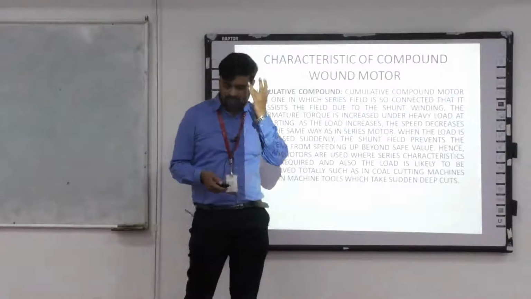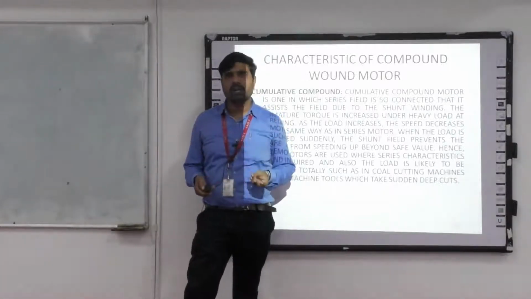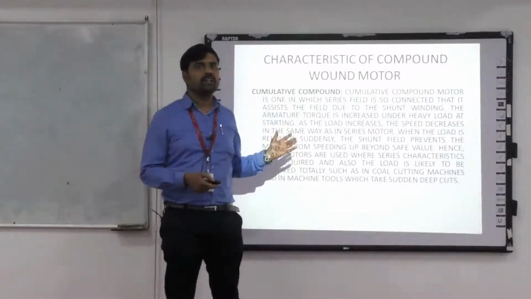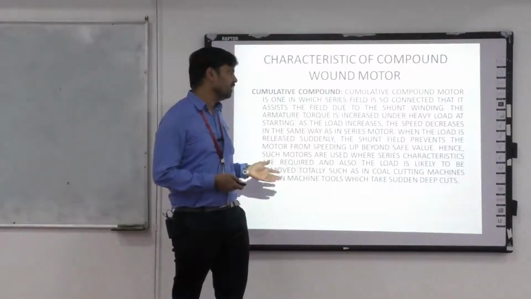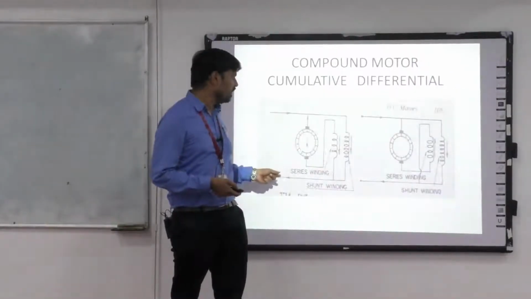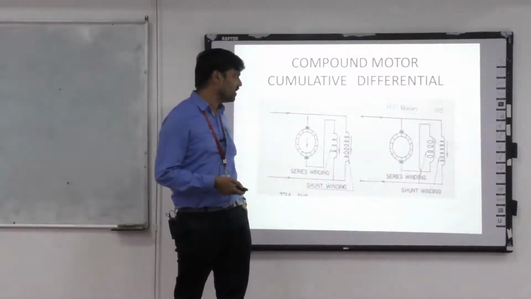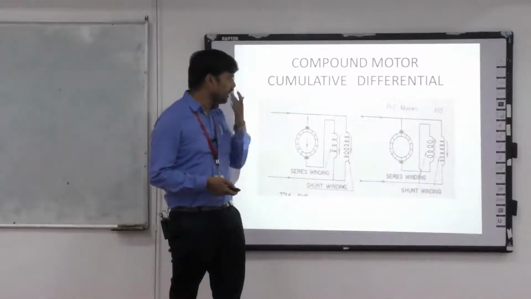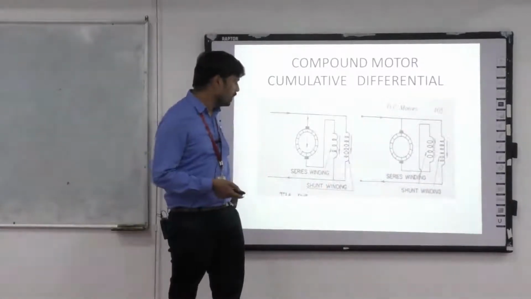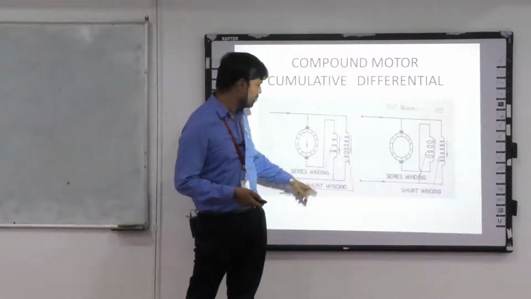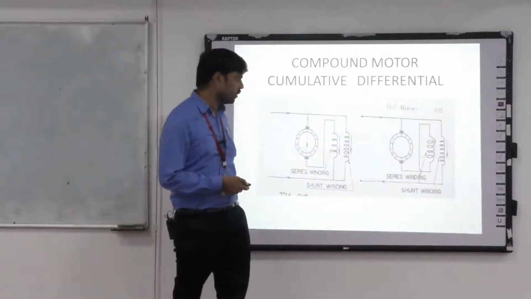Next one is characteristics of the compound motor. A compound motor is a mixture of both series and shunt fields. We have a long shunt and another one called short shunt. We can also have a cumulative compound and a differential compound. These two field windings are connected together.